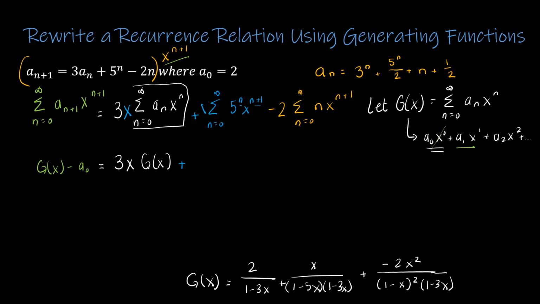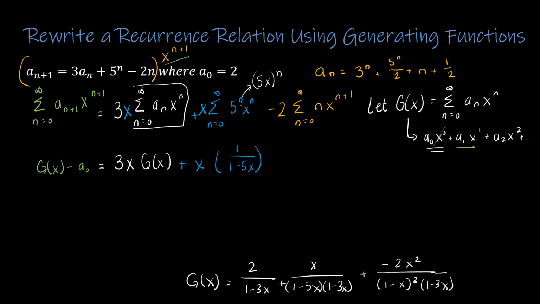So what I can do is take out an x, and that's going to give me the summation as n goes from 0 to infinity of 5 to the n x to the n, or of course I can also think about that as 5x to the n. And if you'll recall, back when we were learning all about those fun series, we knew that we could replace that with 1 over 1 minus 5x.